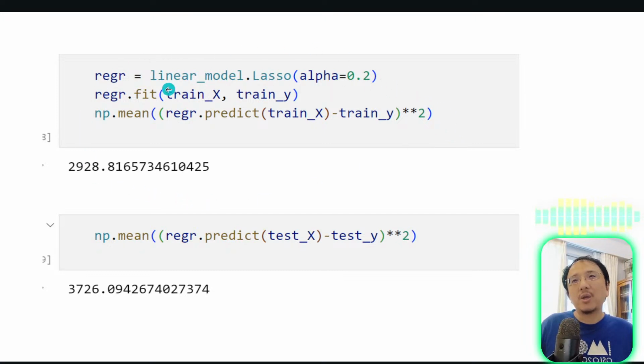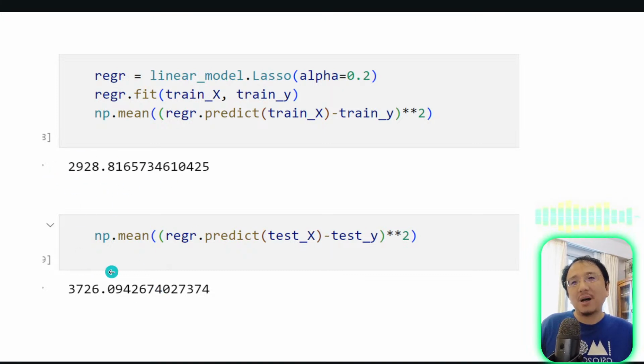So for example, we can use linear_model.Lasso and specify the alpha to be 0.2, and we can use the same fit, the Scikit-learn pattern here, to do the training. And we can see that our squared error here is like 3000.